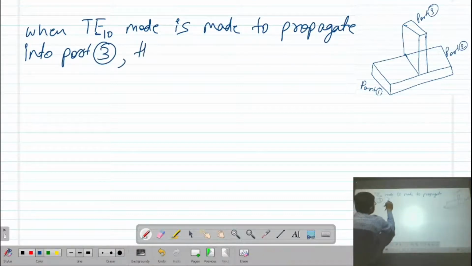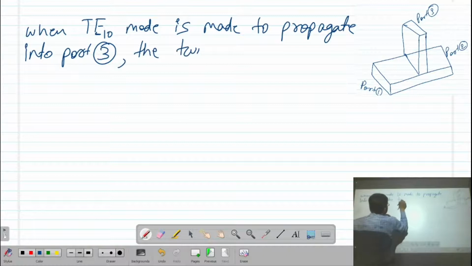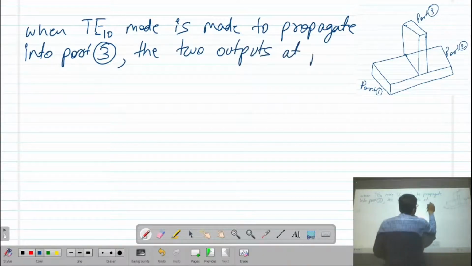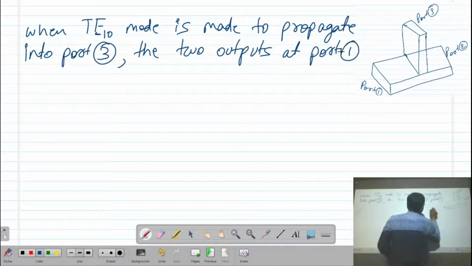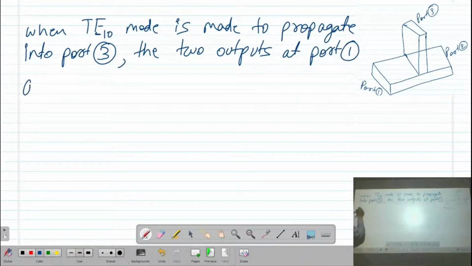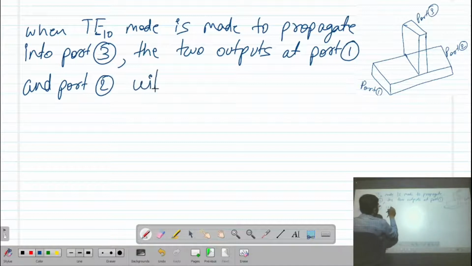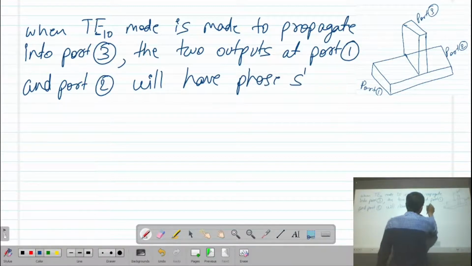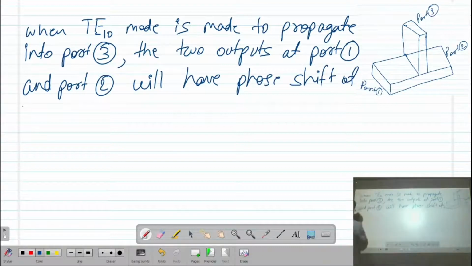the two outputs at port 1 and port 2 will have phase shift of 180 degree.